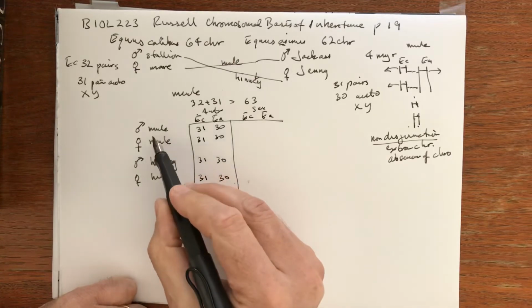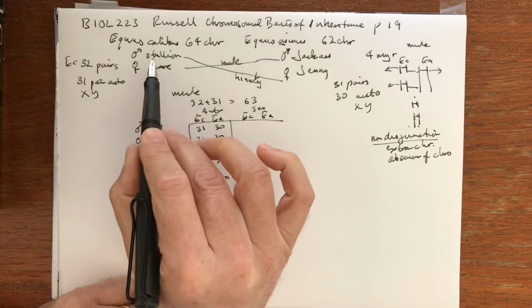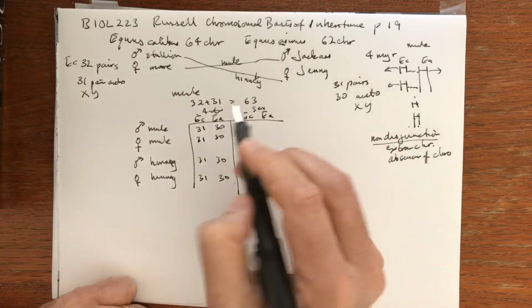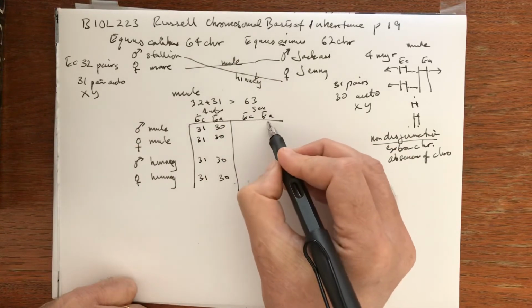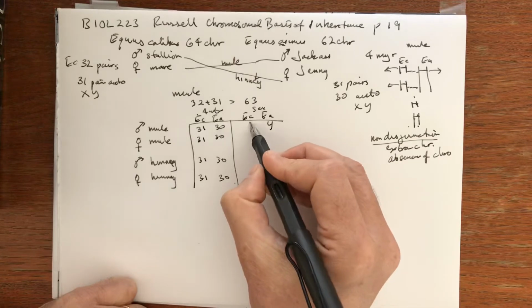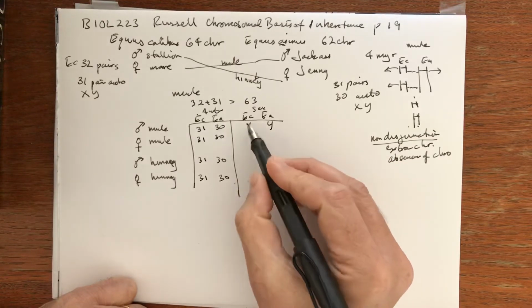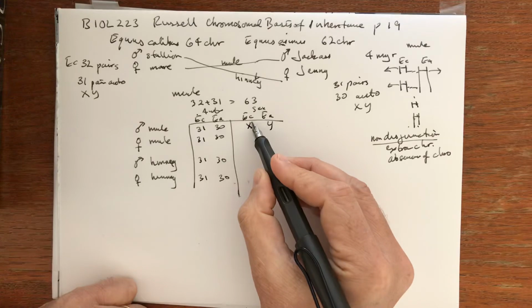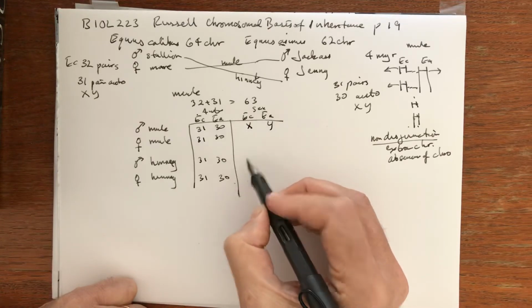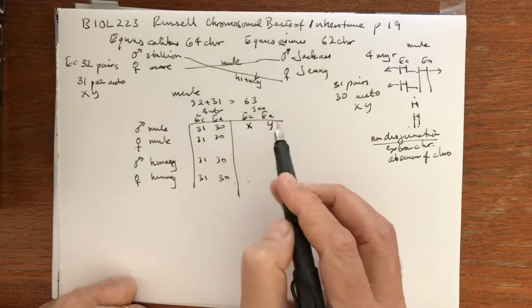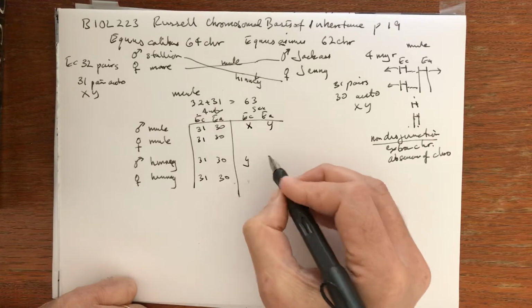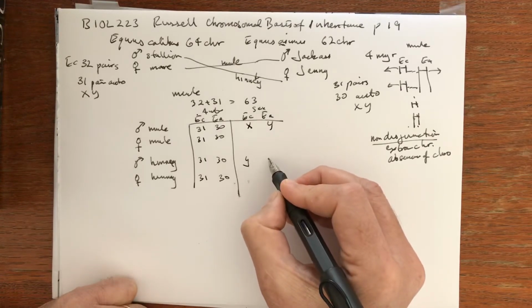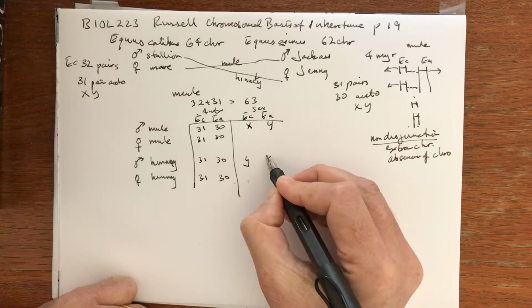The mule comes from a jackass father, so it's going to have a Y chromosome from asinus and an X from the horse, while the male hinny, the other way around, the stallion with the jenny, is going to have a Y chromosome from caballus and an X chromosome from asinus.